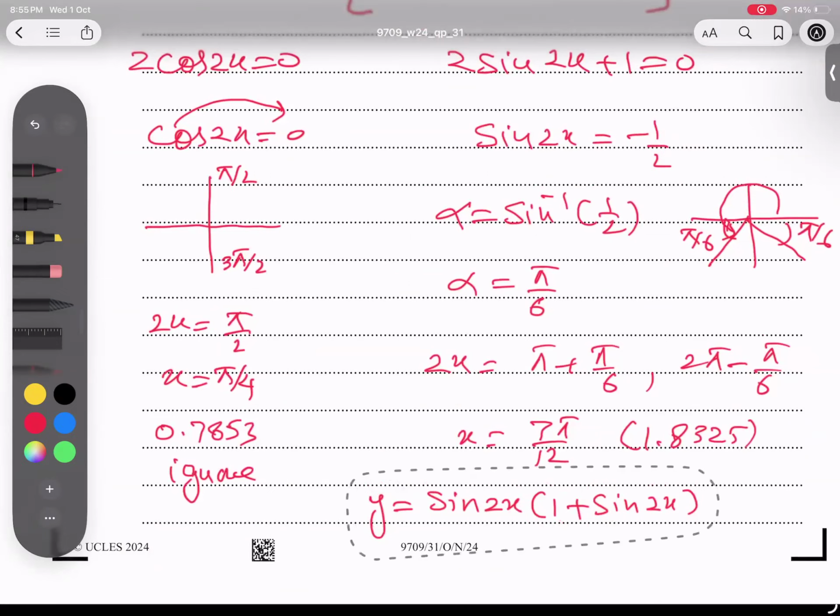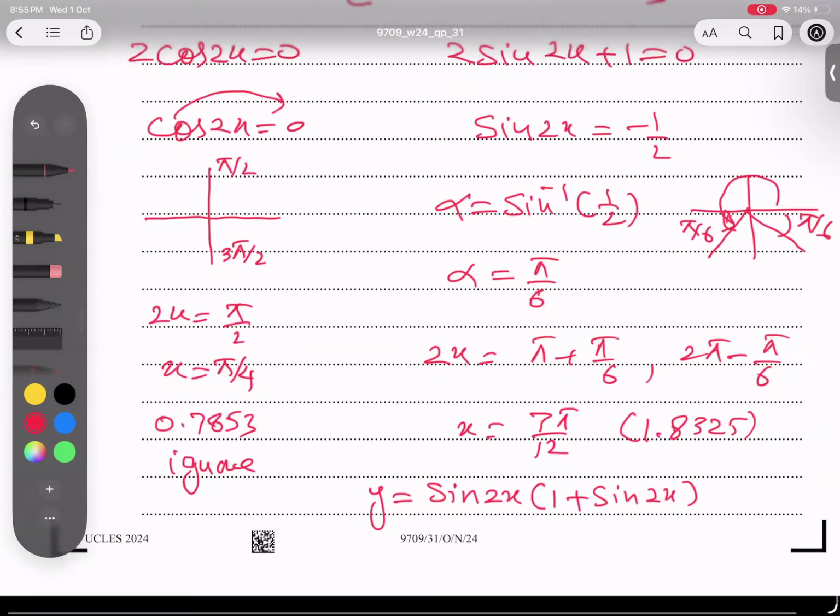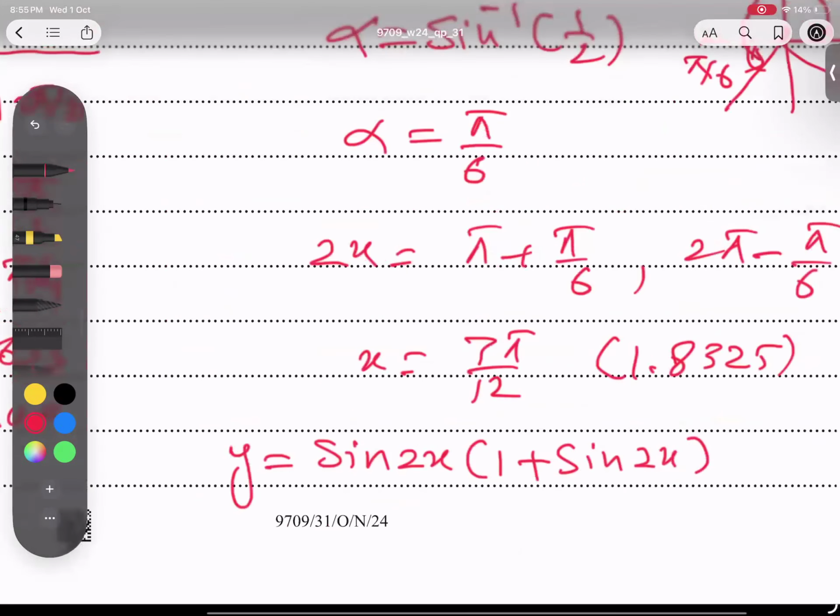Okay. So when I plug in this value and do it very carefully, I have simple sine. If I plug in this value here, the 2 will cancel 12, so 7 pi by 6.